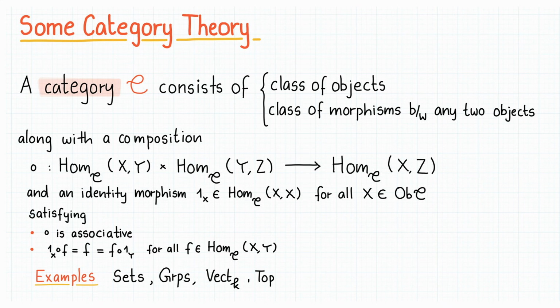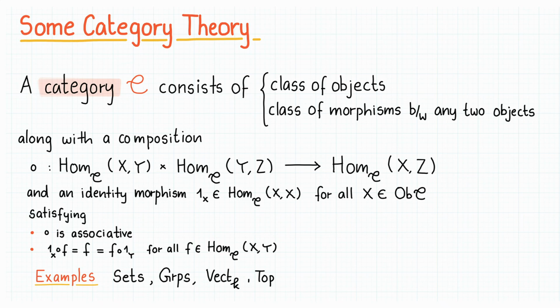But your objects might also not be sets, so there is no notion of functions between them. And in those cases you would have to explicitly tell what a composition is and what an identity is, and it's not usually obvious what you should do.